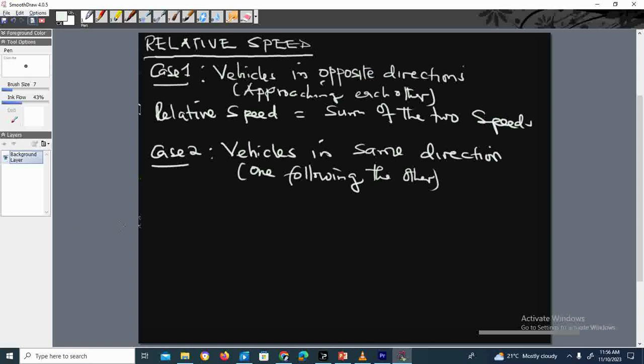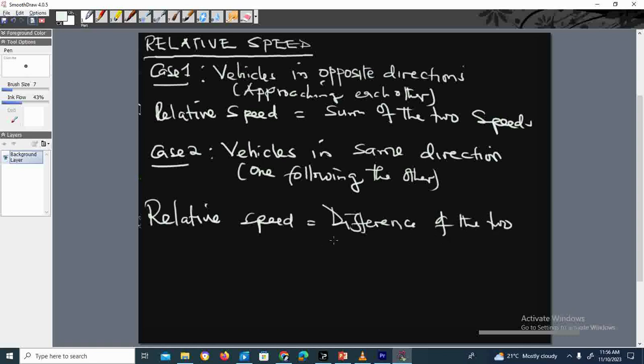So for this case, relative speed is given by the difference of the two speeds. Just get the bigger speed minus the lower speed. So let's look at examples.